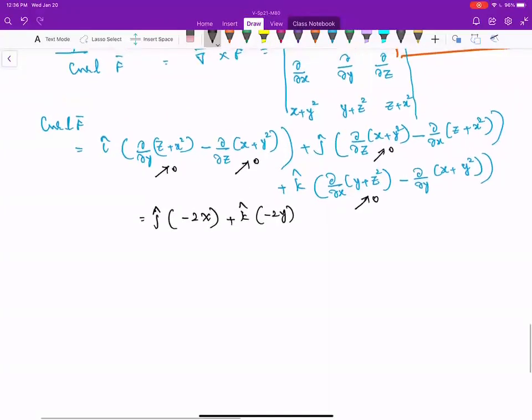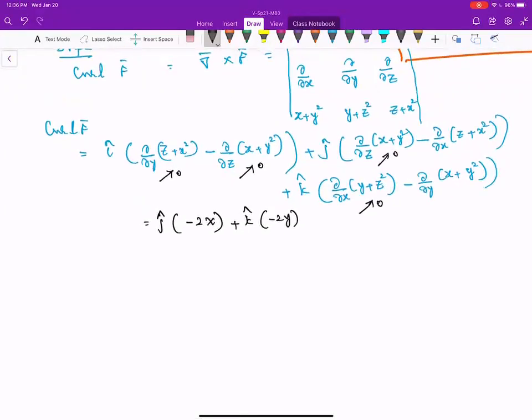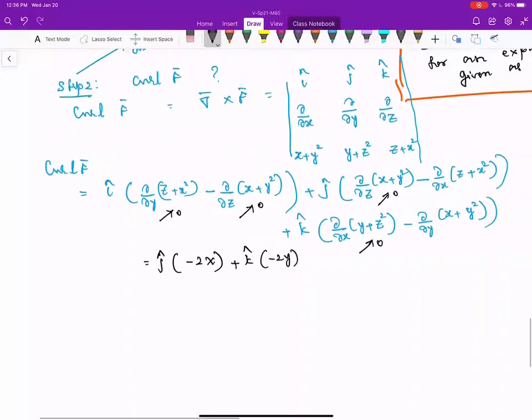Let's see if what we have written is right. With respect to y, ∂/∂y of (z + x²), ∂/∂z of (y + z²). So I made a mistake here, it is y plus z². So that is not 0 then. It's going to be 2z, with a negative sign.